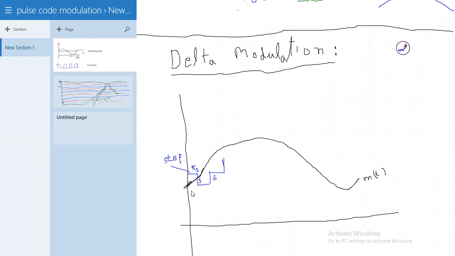Then it stays Ts seconds, and again we compare. The modulating signal is greater, and the step is raised by 1 step.